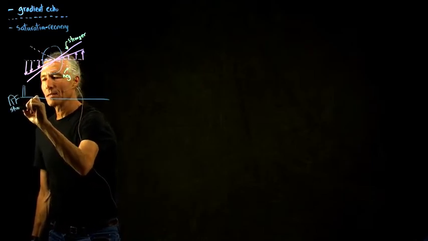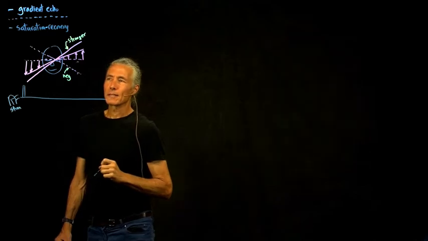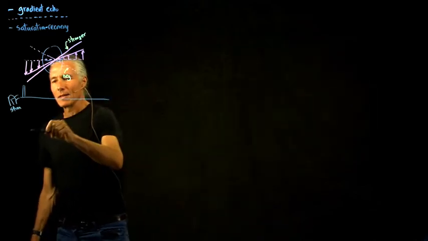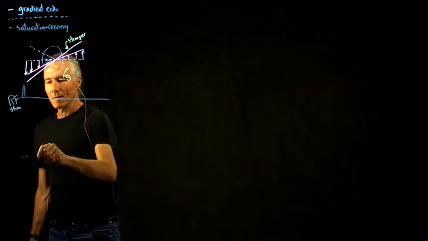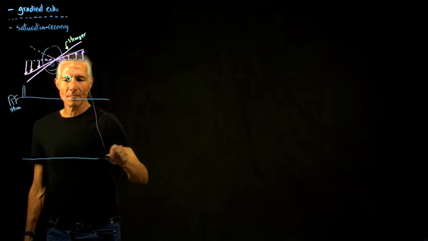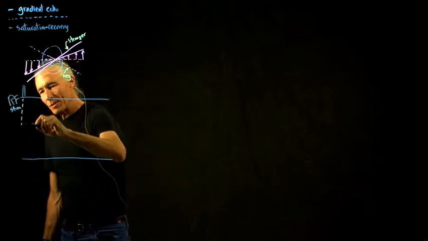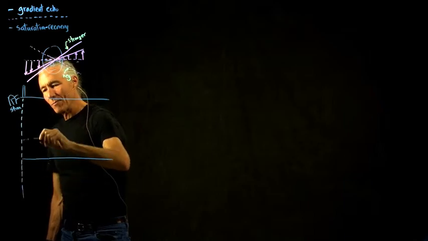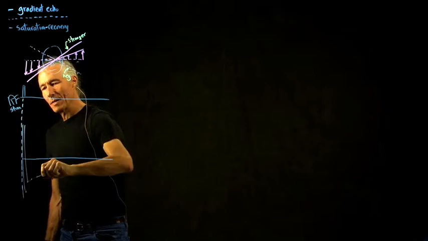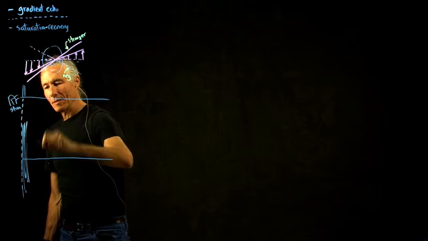That's what you're actually injecting into the sample. And then here's the actual signal you get back. Right at the moment you inject the RF, what happens is you get a big signal like this.